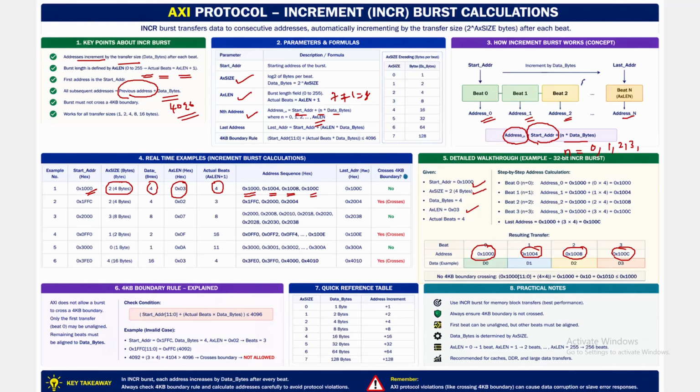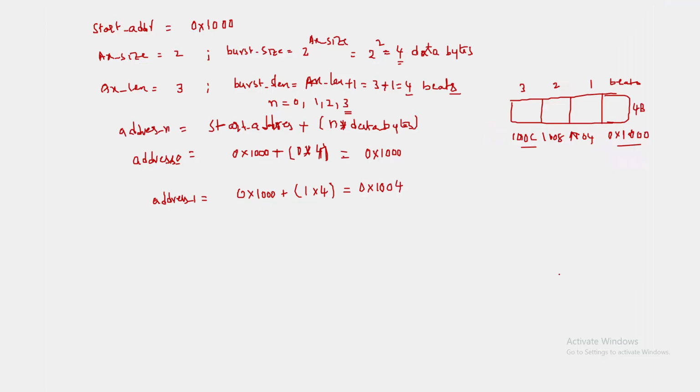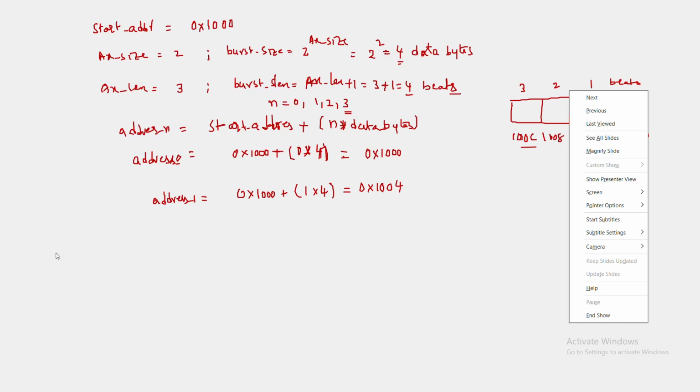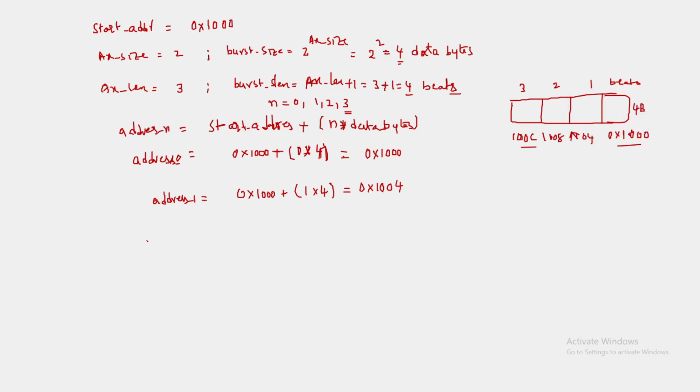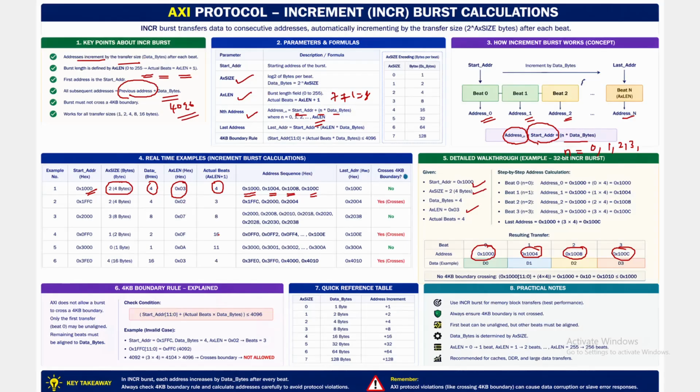Then we need to calculate the last address. How do we calculate the last address? Last address means the boundary, which we should not cross. We will calculate the last address based on the previous address formula. What is the formula we have?